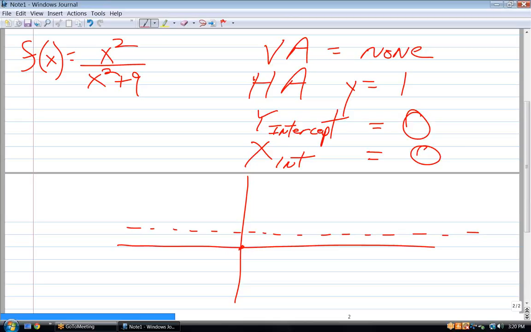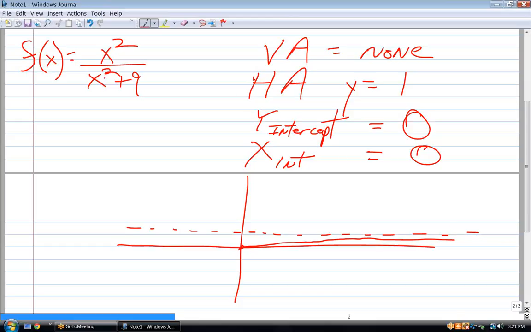So, we know we're going to be asymptotic to that horizontal asymptote. We know that it goes through here, and we know that as x goes to infinity, this thing's going to go to 1. So it's going to look something like that, approaching the line y equals 1.